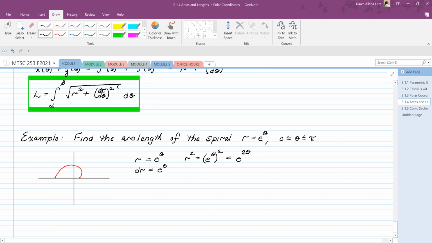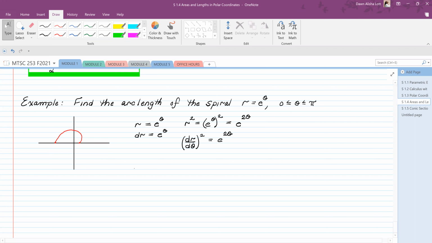And dr d theta squared is also e to the 2 theta. So r squared plus dr d theta squared is e to the 2 theta plus e to the 2 theta, but that's just 2e to the 2 theta.